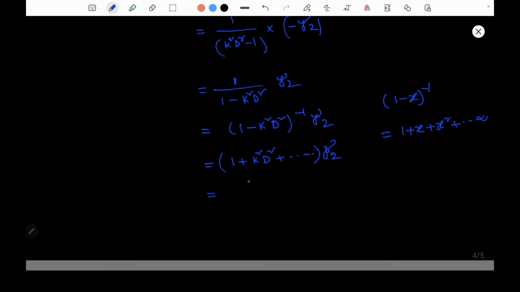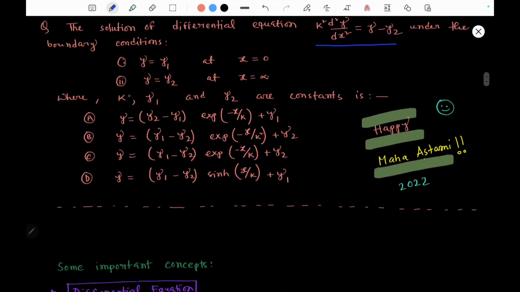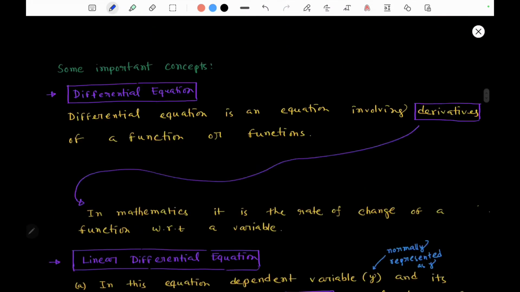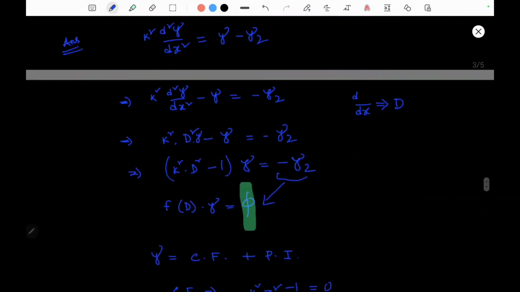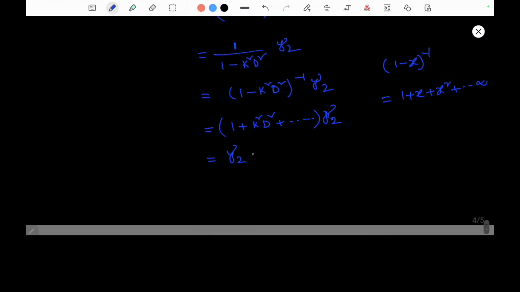So here we can see that 1 into y2 is y2, and here is the derivative term. y2 is constant. It is written in the question that k, y1 and y2 are constants. So if it is constant, the derivative of a constant is always 0, we know. So the remaining terms will also be 0.